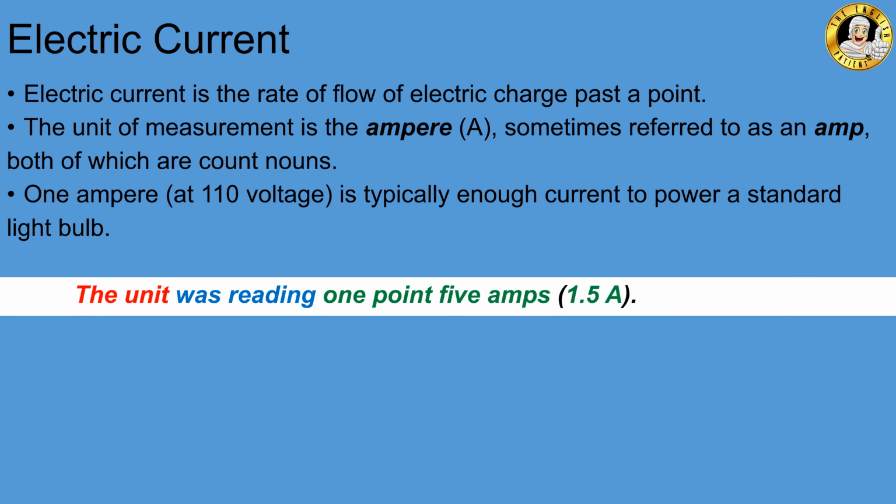So 1 ampere at 110 volts is typically enough current to power a standard light bulb. So for example here, the unit was reading 1.5 amps. So we can count amp as well, and we're going to add the S because it's not equal to 1.